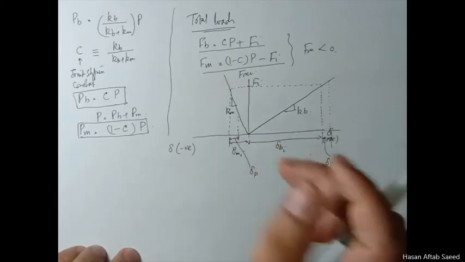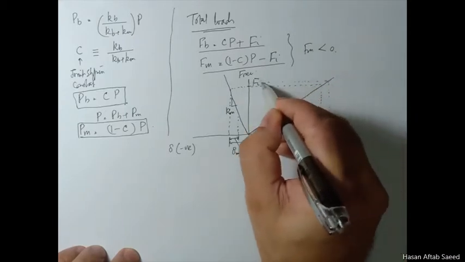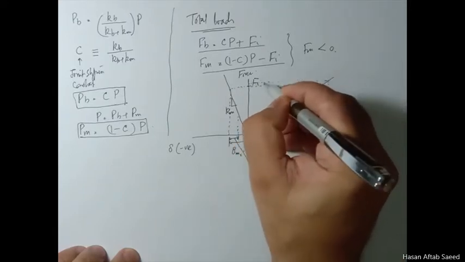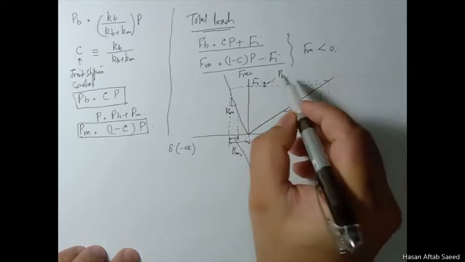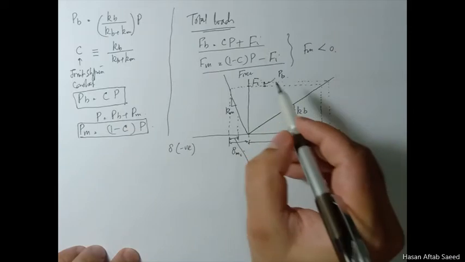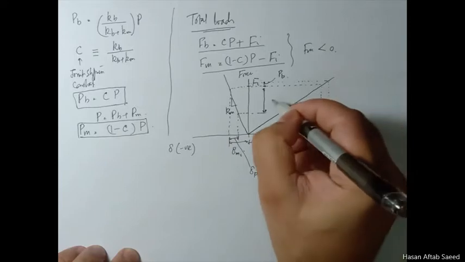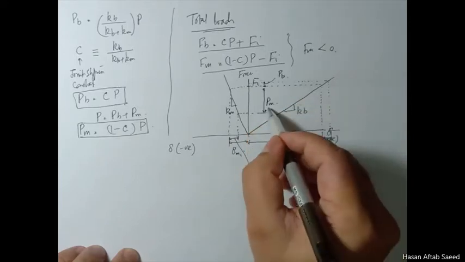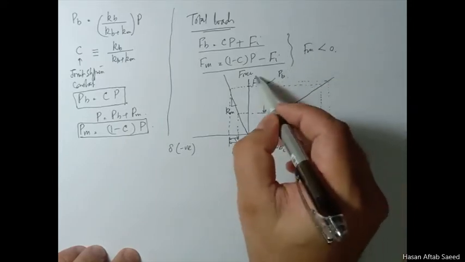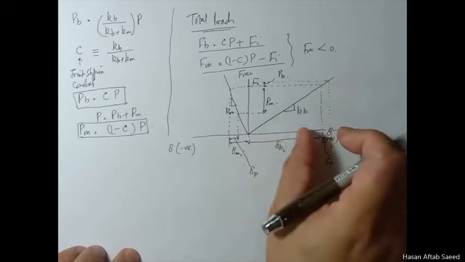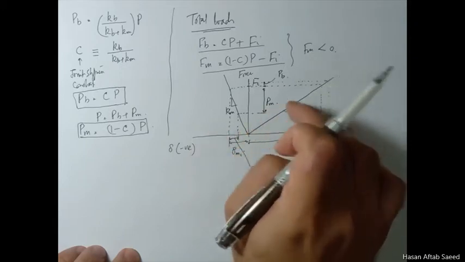But if these are equal, then the forces must be different. This is the portion of load taken by the bolt, whereas this is the portion of load taken by the members, and that is only inevitable because in the initial Fi the forces were the same, the displacements were different. Here in the second stage, when you apply the external loads, the displacements are the same, then the forces must be different.